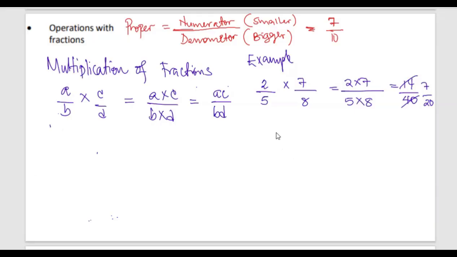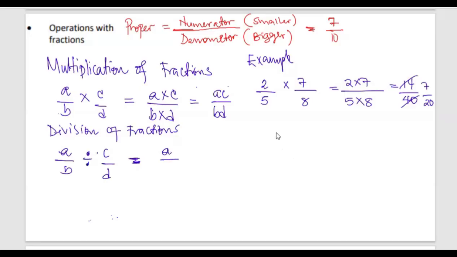Okay, so what about the division? Division of fractions simply means it's A over B divided by C over D. The division sign turns into a multiplication, and the fraction on your right hand side becomes flipped: the denominator becomes a numerator, and the numerator becomes a denominator.